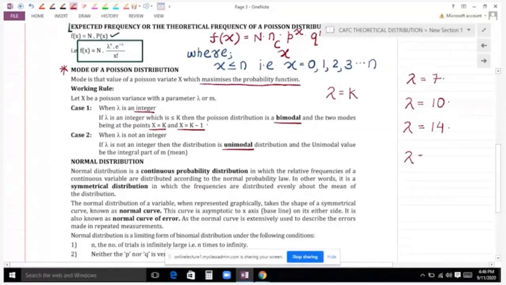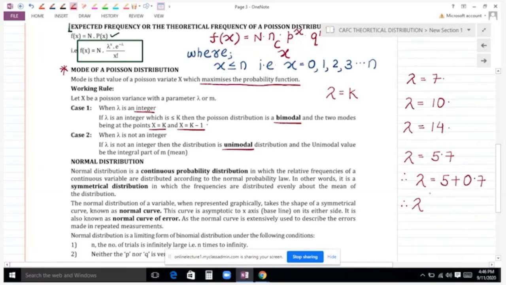For example, lambda is equal to 5.7. 5.7 will be split into 5 plus 0.7.